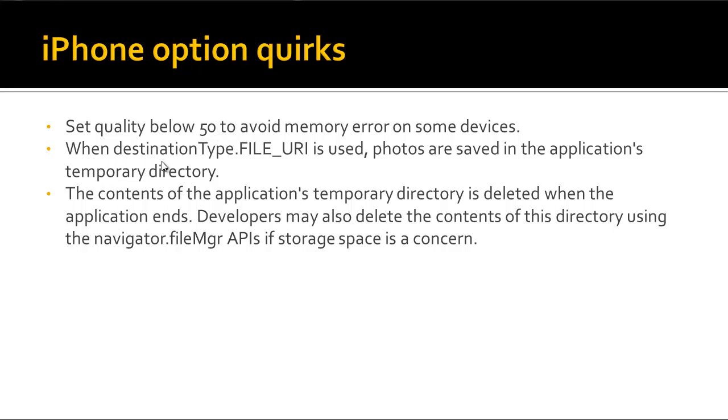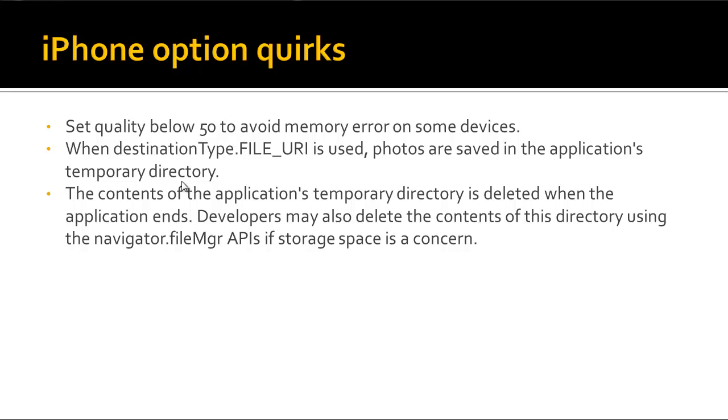Now, when we use the destination type property and set it to the file URI, so the returning value is in the file URI format, then the photos are saved to the application's temporary directory. So they're not saved in a permanent directory, they're just in the application's temporary directory, and as soon as the application is closed, it will delete the file.